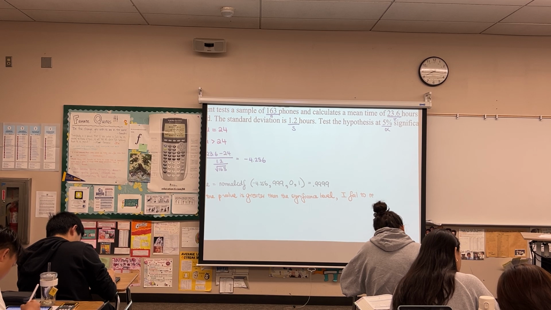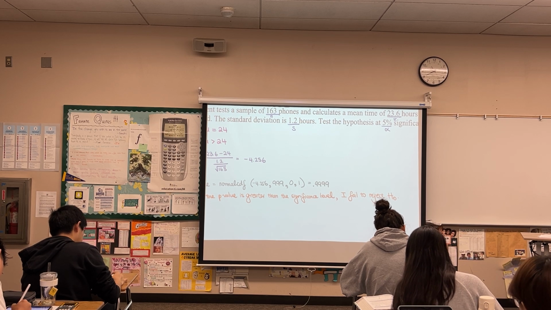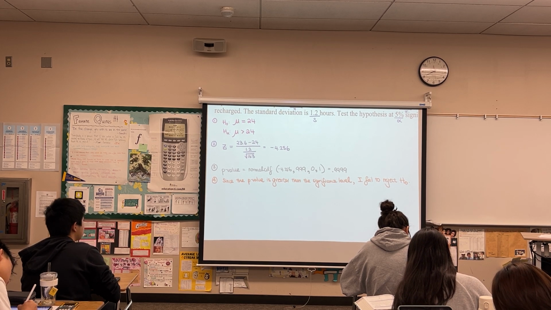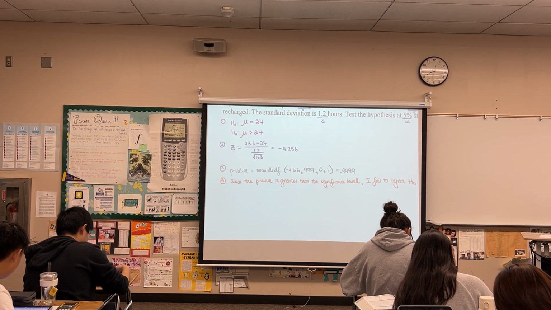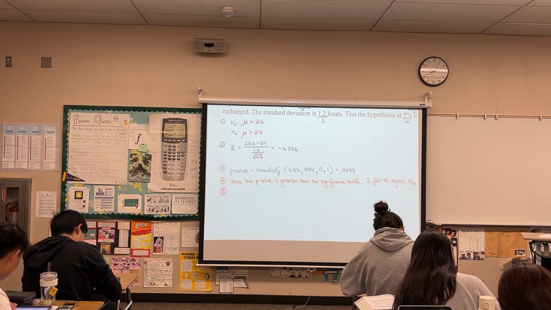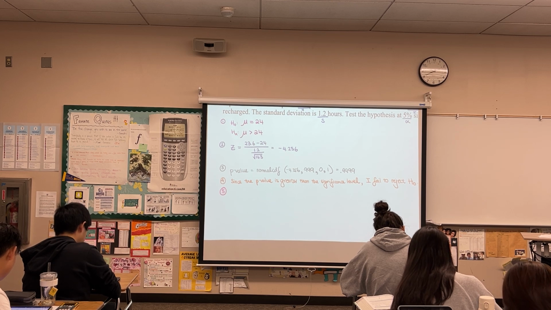Yes, you do need to use those very specific words. I fail to reject H sub O, the null hypothesis. Feel free to use the symbol, as long as the meaning is clear. And then step 5 is where you input the context of the problem. So since the p-value is greater than the significance level, you fail to reject the null hypothesis.